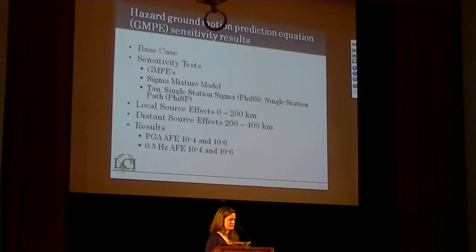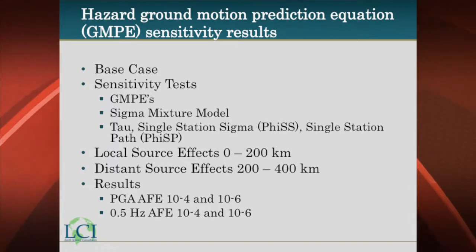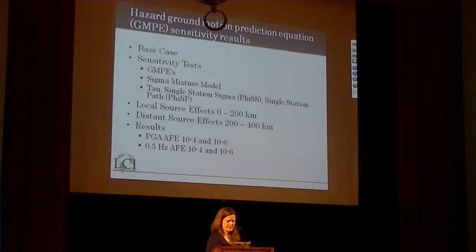So you're getting a preview before you're getting the background. And I'll be showing these sensitivities for local source effects within 200 kilometers of the site, for distant source effects between 200 and 400 kilometers of the site, and the results I'm showing will be in PGA and half a hertz, at 10 to the minus 4 and 10 to the minus 6 annual frequencies of exceedance amplitudes.